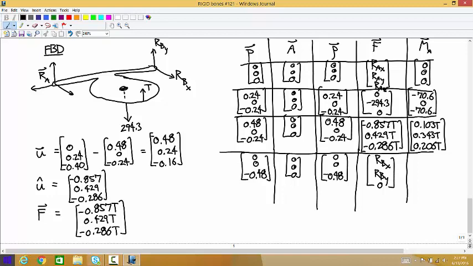And the cross product is positive 0.48 RBY, negative 0.48 RBX, but Y is always the weird one. So this is right, right?